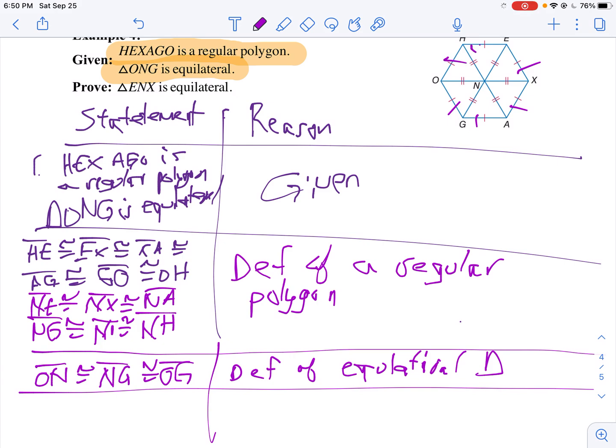And then in triangle ENX, we can see that EX is congruent to NE, which is congruent to NX.